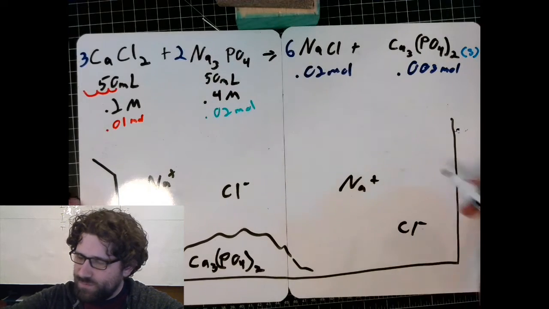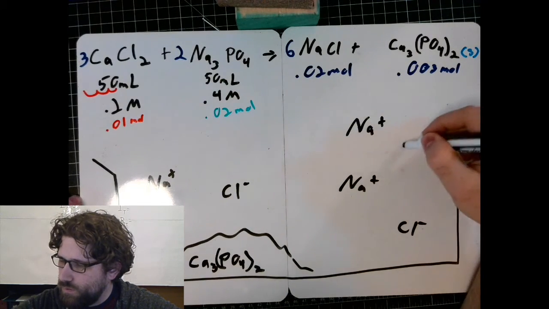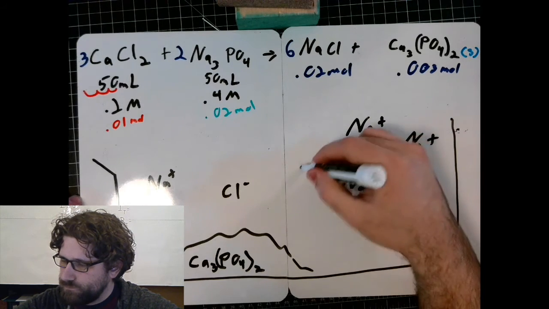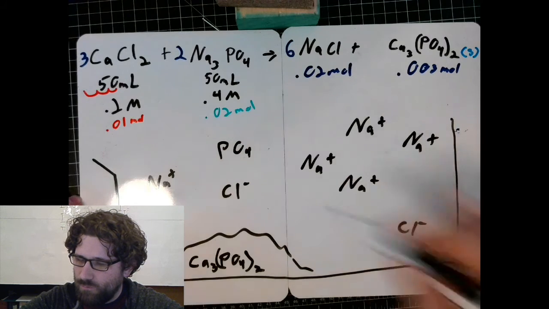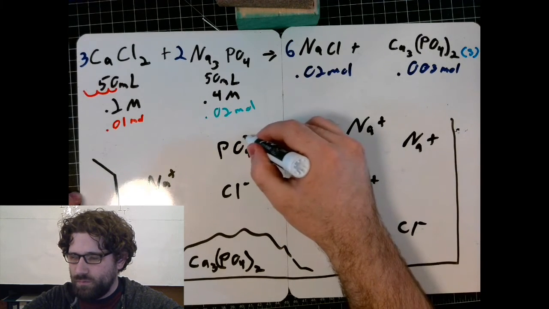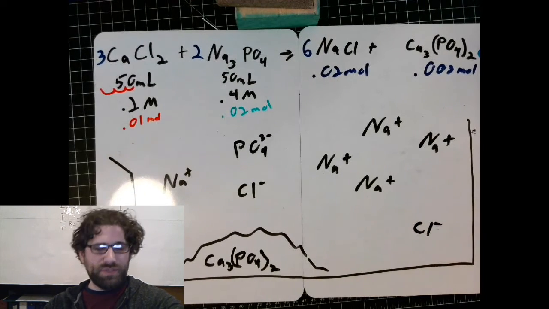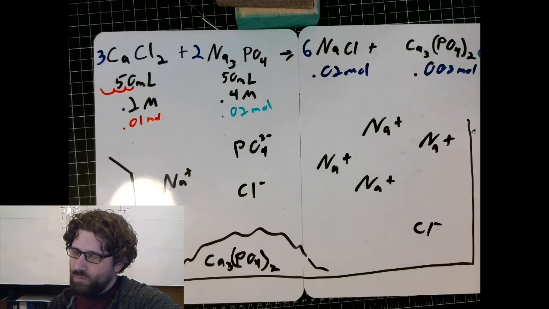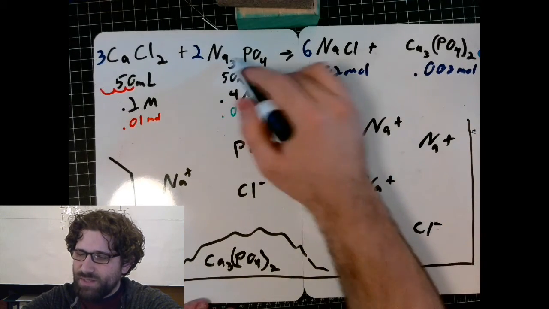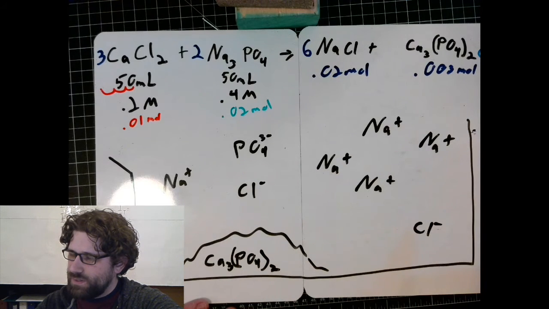So for each one of these left over, I'm going to have 3 Nas and 1 PO4. That's what we mean when we say show particle proportionality. What we're saying is if I've got some of this dissolved in here, for every one of these, I'm going to have 3 of these.